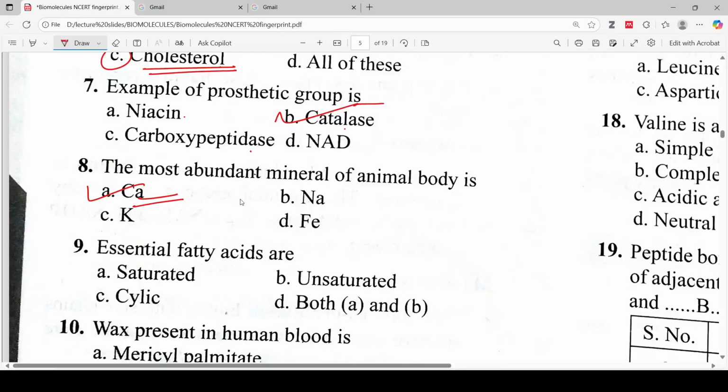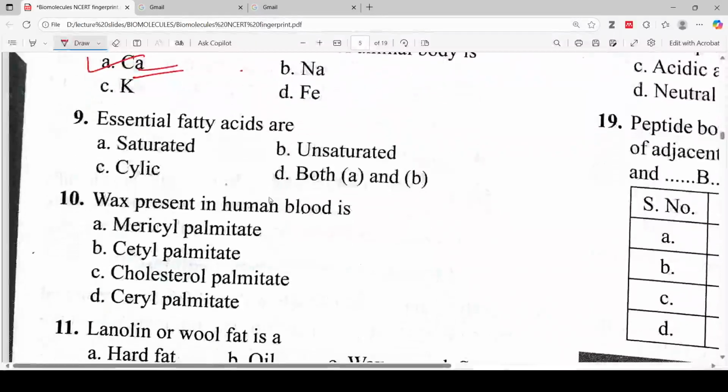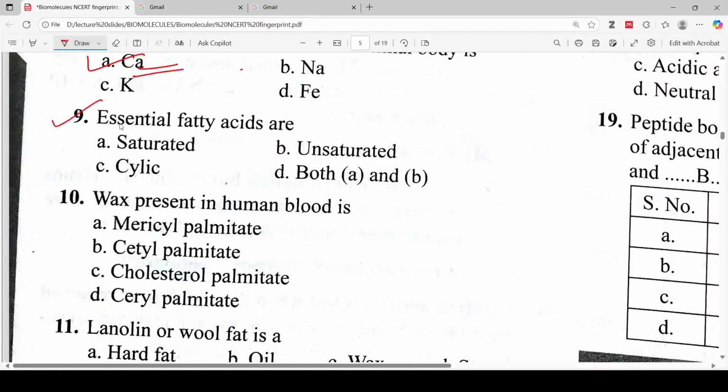Calcium is the most abundant mineral inside our body. Next question, essential fatty acids are saturated, unsaturated, cyclic and both A and B. So the correct answer is unsaturated.